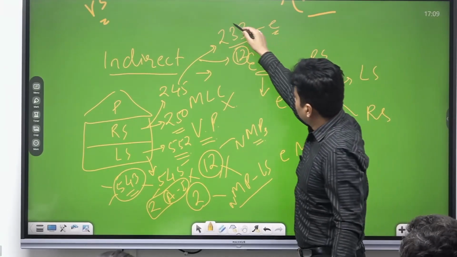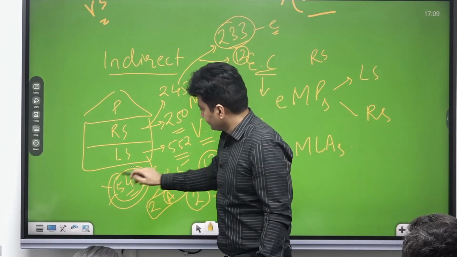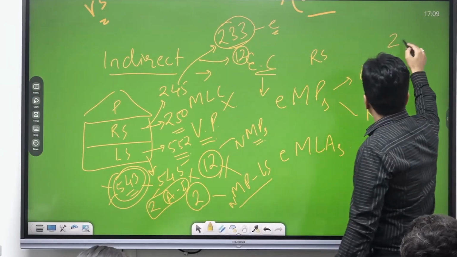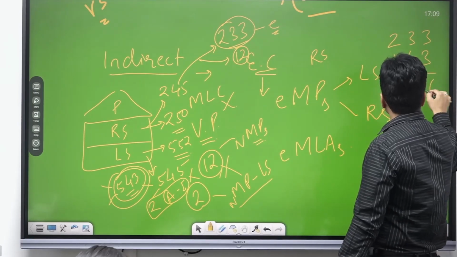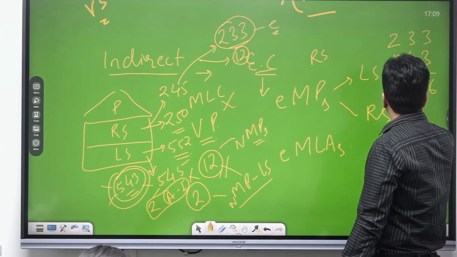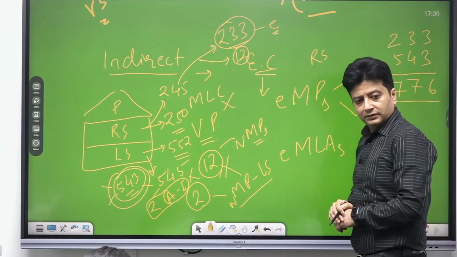So 233 plus 543, how much? Am I correct? 776.